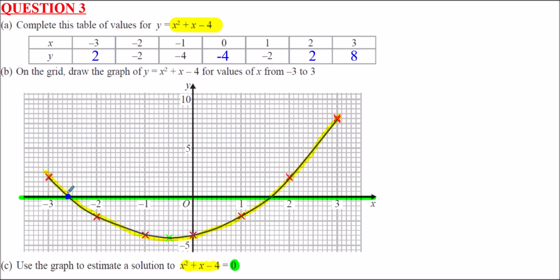So 1 point's there, and the other point is here. So for part C, our solutions are x equals minus 2.6, or as well, we could also have that x equals over here 1.6.